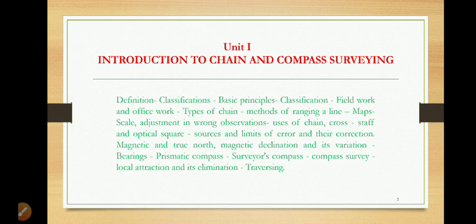Every time we take measurements there is some error. If you want to correct the measurement, you need some adjustment in the calculations. In this unit, we discuss what adjustments or corrections are made in observations.